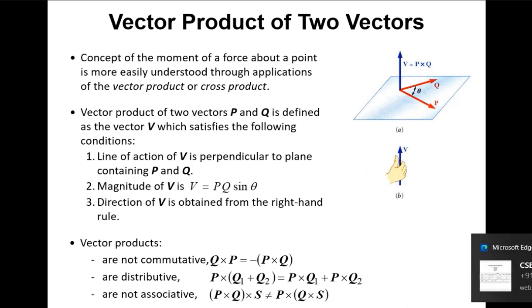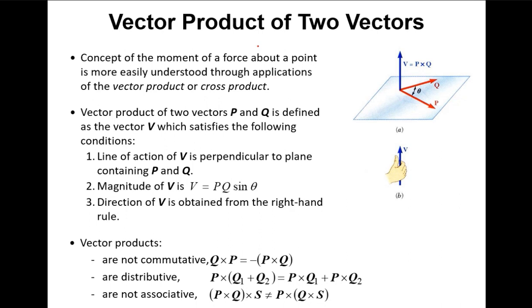Right. Now vector product of two vectors, that is nothing but your cross product, right? So the concept of a moment of a force about a point is easily understood by using vector product of two vectors, or cross product, right?